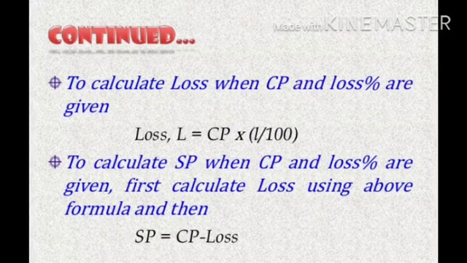To calculate the loss when CP and loss percent are given, loss is equal to L upon 100 into CP, or CP into L upon 100. To calculate SP when CP and loss percent are given, first calculate the loss using the formula above, and then SP is equal to CP minus loss.